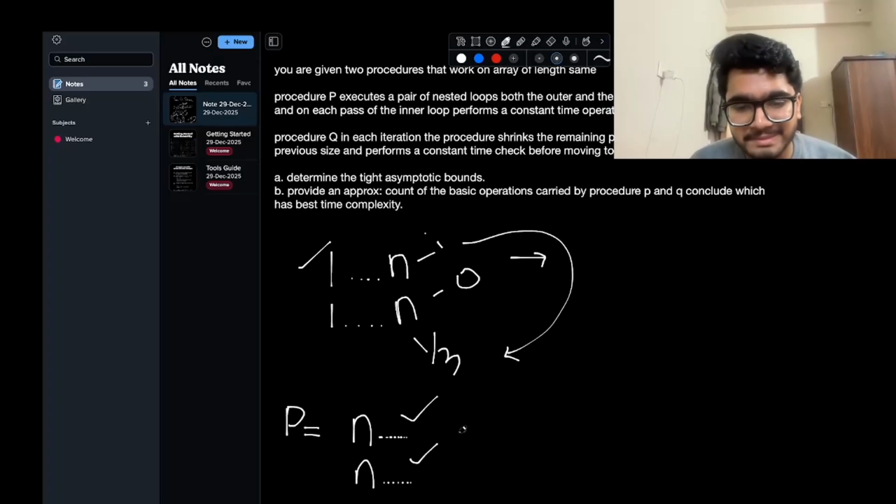So we can simply derive n into n, which equals n square, and we can write it here as O of n square.